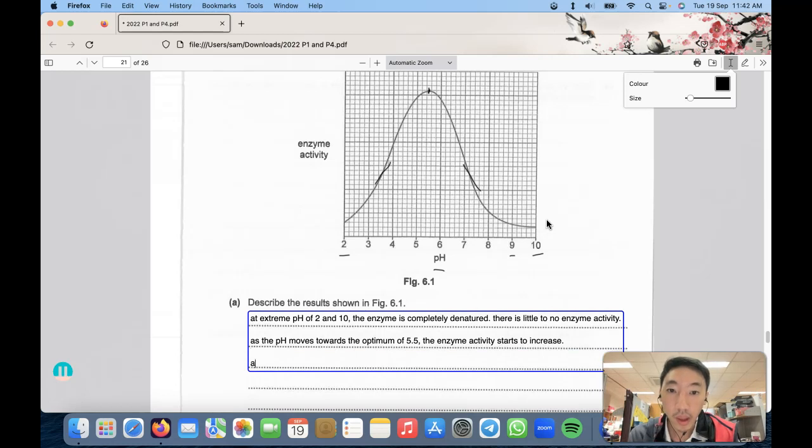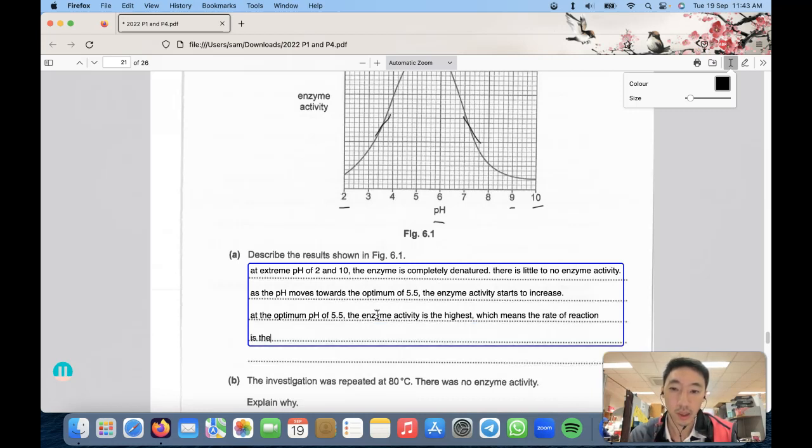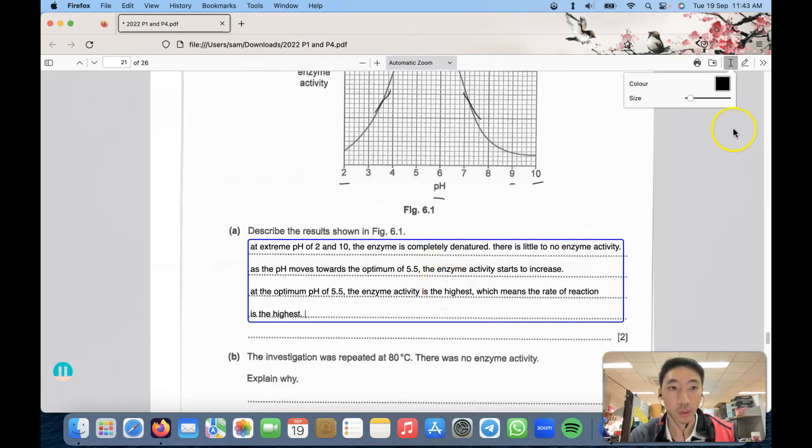Then at the optimum pH of 5.5, the enzyme activity is the highest, which means the rate of reaction is the highest. Okay, so 2 marks there.